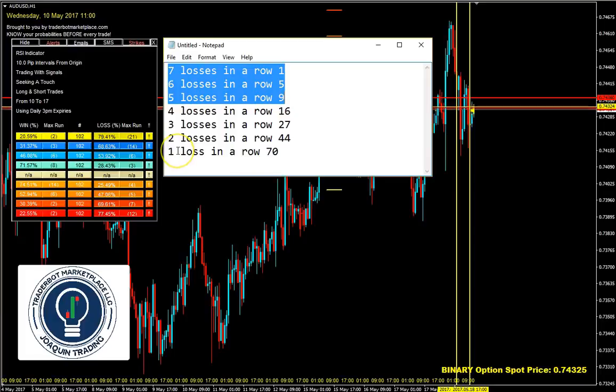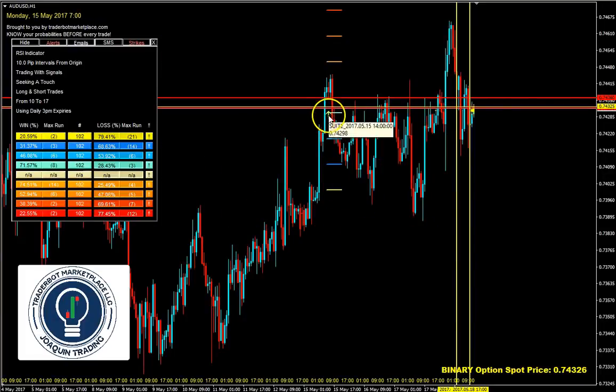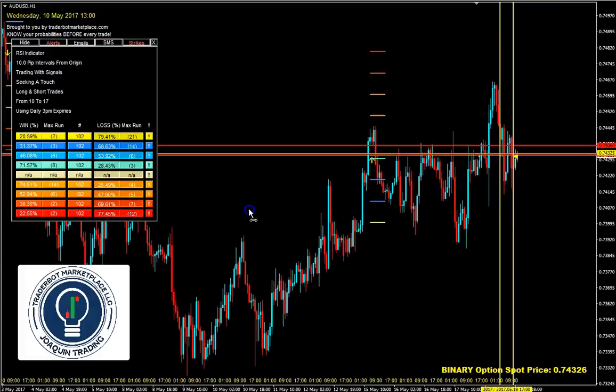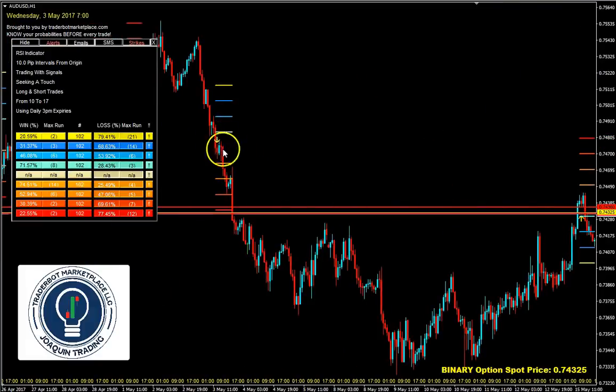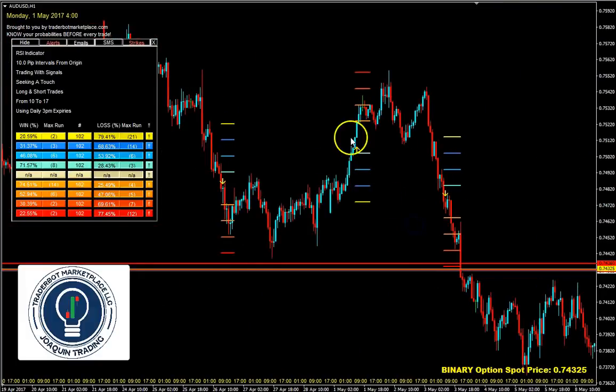However, if you wanted to take every single signal, like this one here, it didn't make it up here. It didn't touch. So that's 1 loss in a row. But let me back up here. This one hit. That one hit. That one hit.